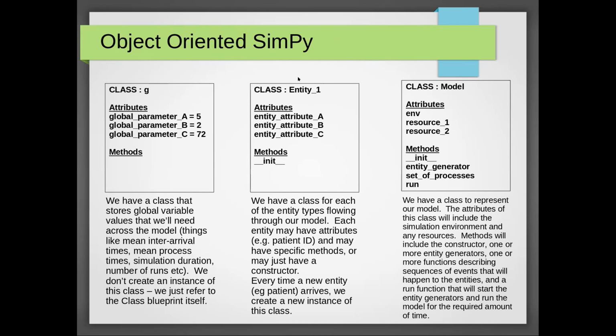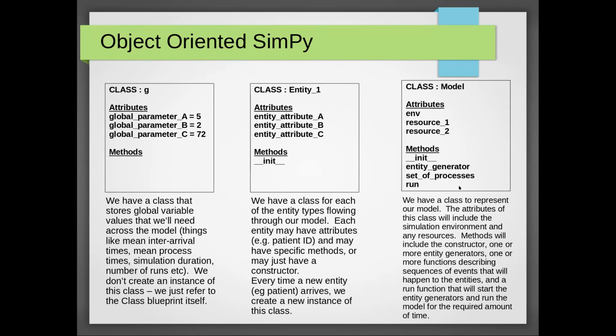So we've got at least one of those. If you've got more than one entity, then you'll have a class per entity. And then we've got a class representing our model. This model class will also have attributes and methods. The attributes will store things like the simulation environment and any resources that are used in this particular model, so your nurses, doctors, whatever it may be.